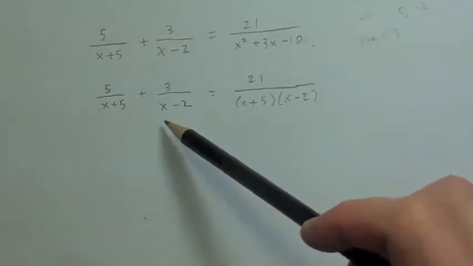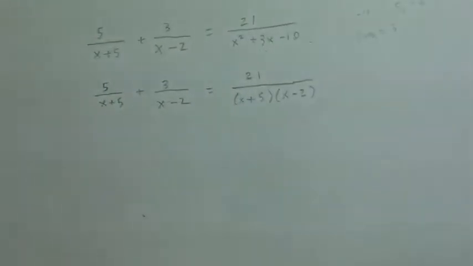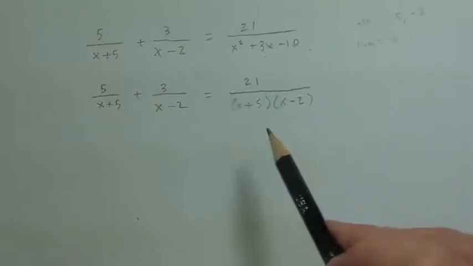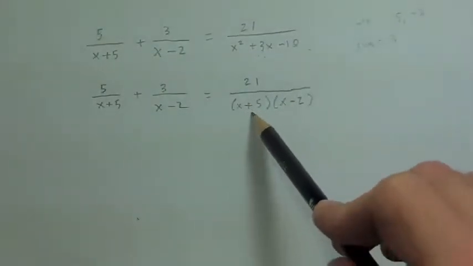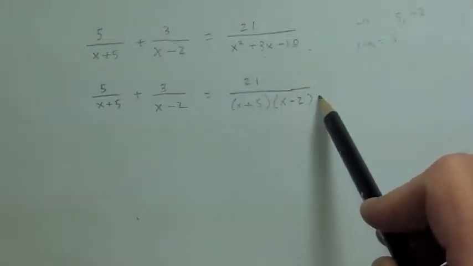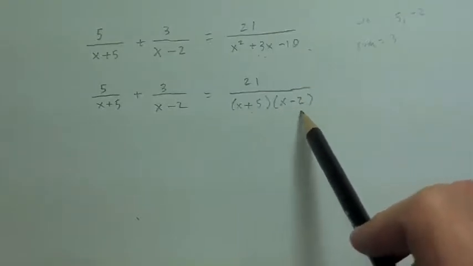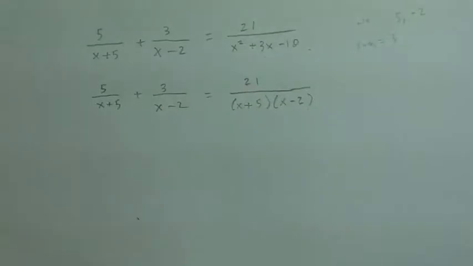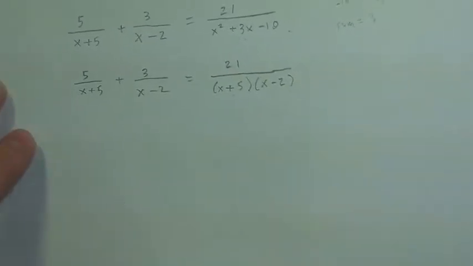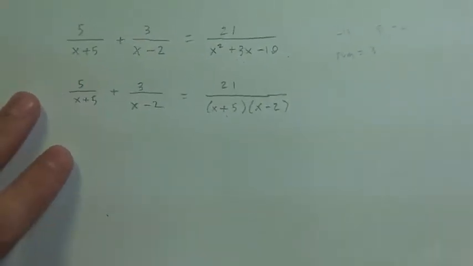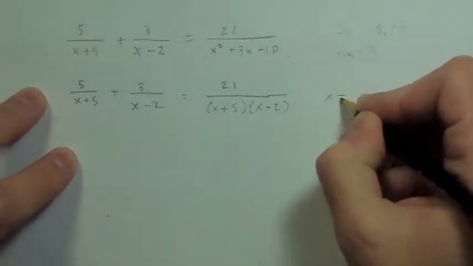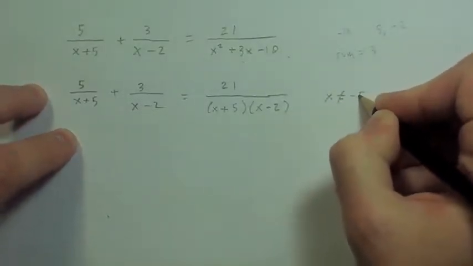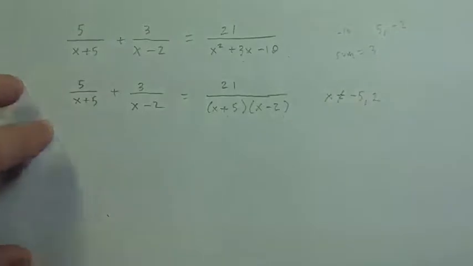If I plug in a positive 2, this denominator will be 0. And it will be true for this one too, because if I plug in a negative 5, that 0 times this will be 0. And if I plug in a 2, this times anything there will also be 0. So x cannot be negative 5 or positive 2.